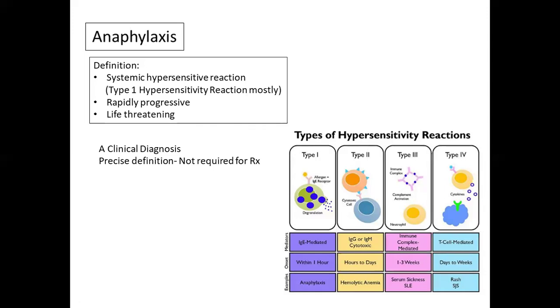There is no immunological mechanism there. The radiological contrast medium directly causes mast cell degranulation, causing massive histamine release, right? So that is basically the pathophysiology of anaphylaxis.